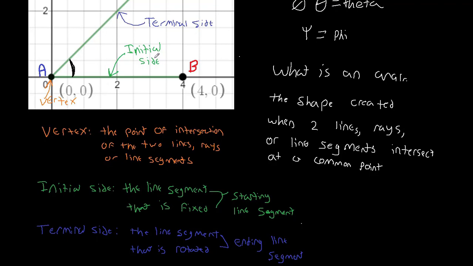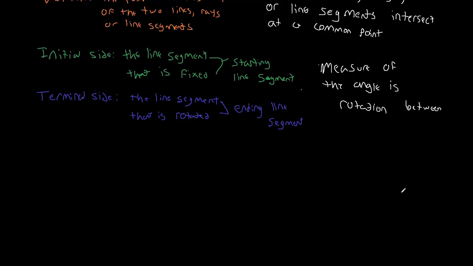And so basically what we say is the measure of the angle is the rotation between the initial side and the terminal side.